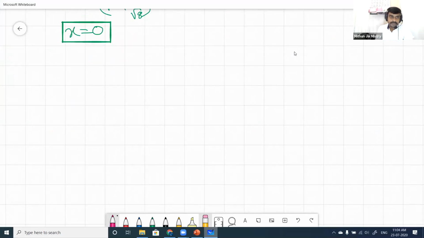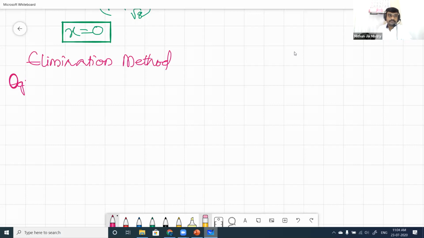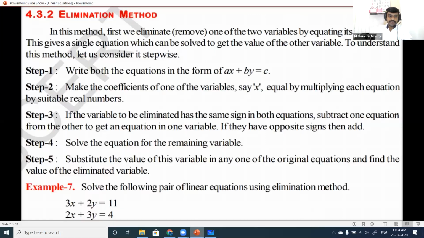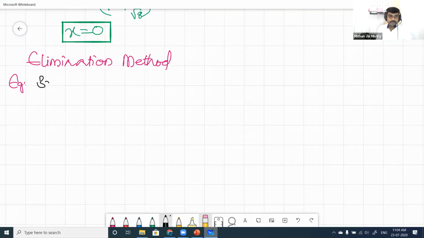So once again, we are going to see the elimination method. One of the examples we are seeing. What are the given equations? 3x plus 2y is equal to 11.